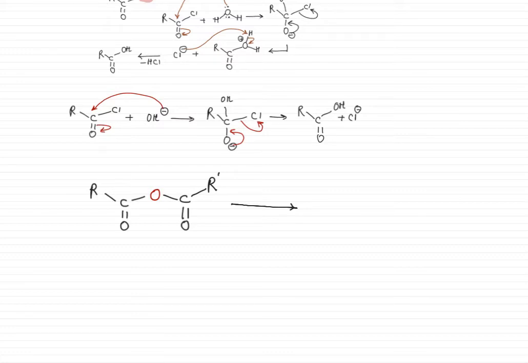Let us consider that the reaction is going to happen on this carbonyl group here, because we have decided that this is our leaving group, right? So we've considered this as our leaving group. So this is our leaving group.